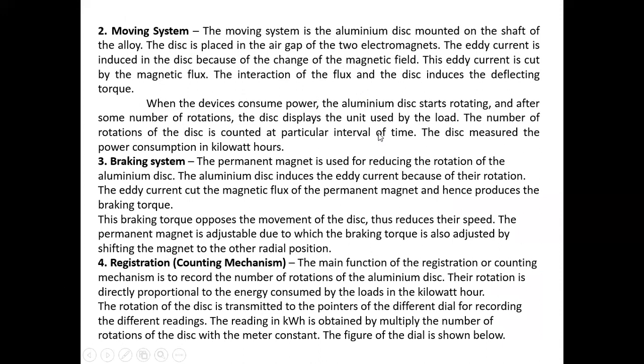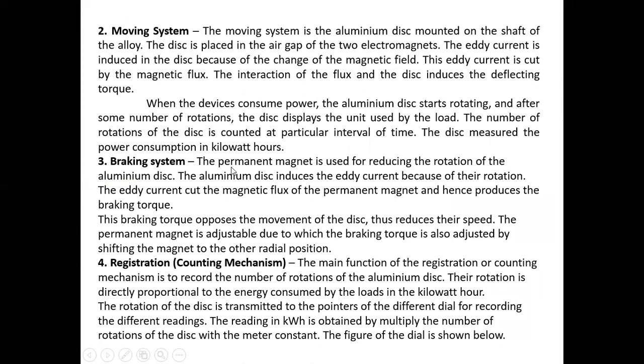The disc measures the power consumption in kilowatt hour.